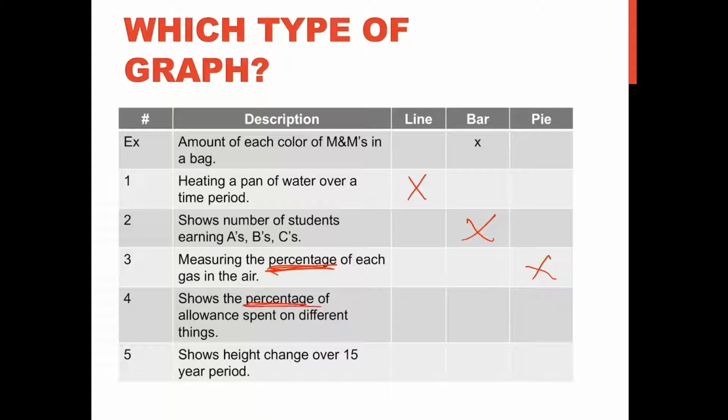Again, keyword percentage, so it's going to be pie. What about shows height change over a period of 15 years? Well, change over, so that means it's continuous data. 15 years, that's a time period. So we've got time, continuous data, must be a line graph.